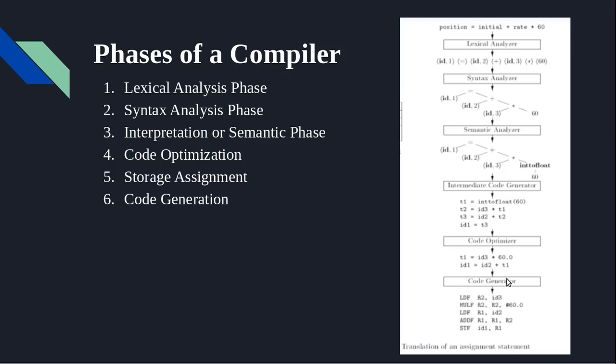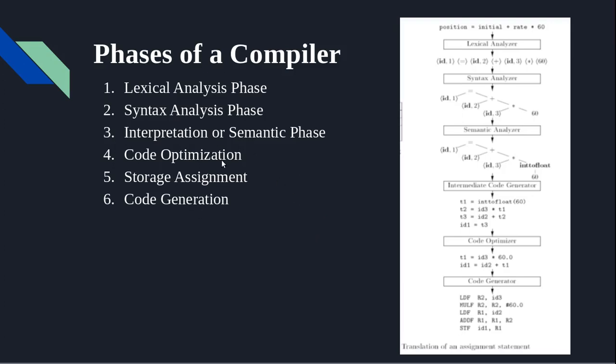In the code generation phase, the actual translation will be done in accordance with the physical register numbers, depending upon the target architecture. So it will convert into register names available in the target architecture, so that the code will be able to directly execute in the target architecture. So these are the main phases of the compiler.